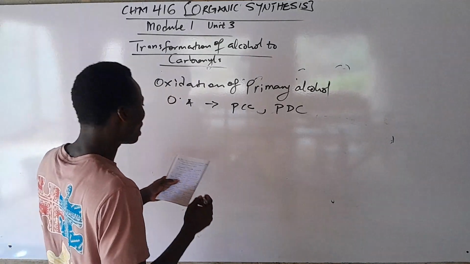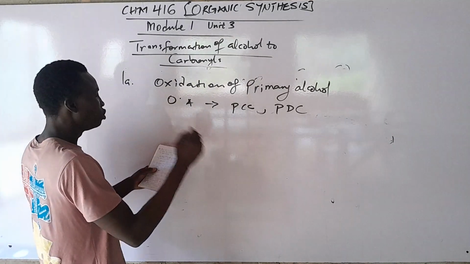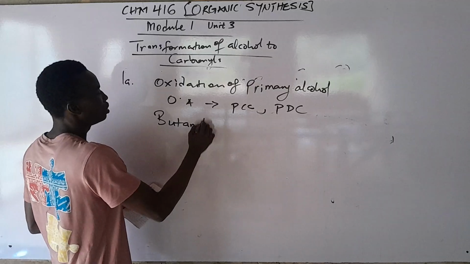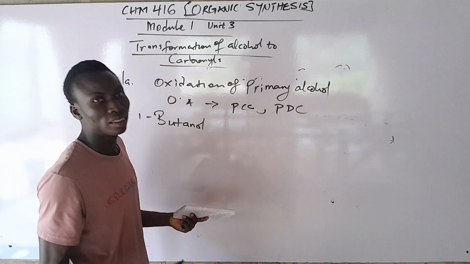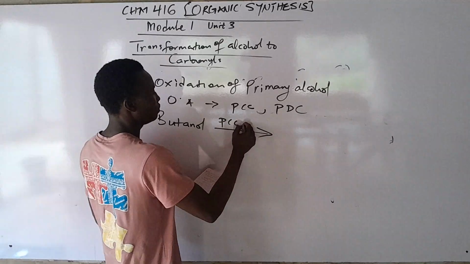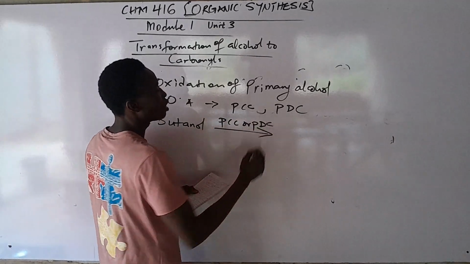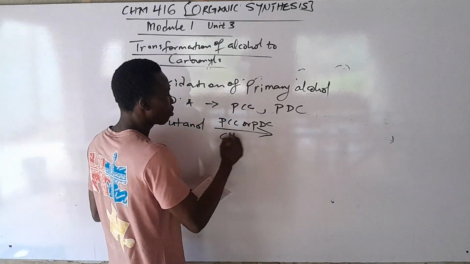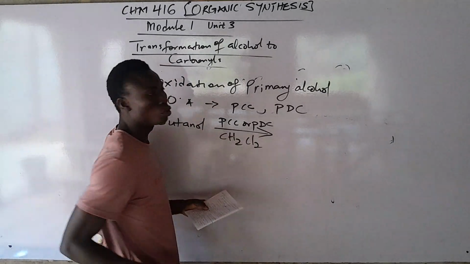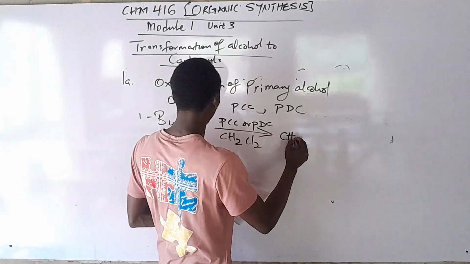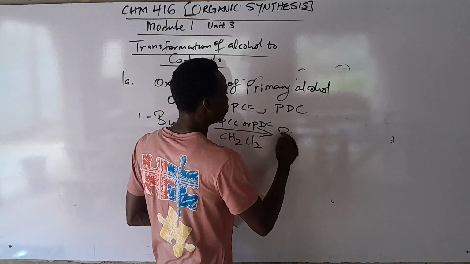Now, with respect to that, we are going to start from here, using the case of butanol, that is 1-butanol, as an example. In the presence of PCC or PDC as oxidative agent, using CH2Cl2 alongside, it produces butanal.